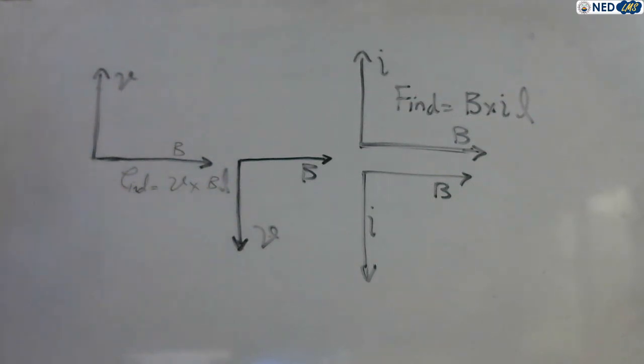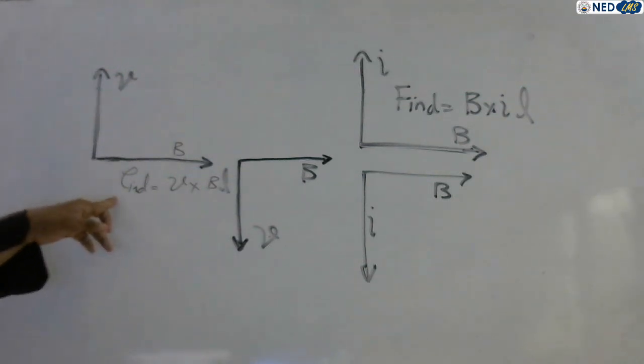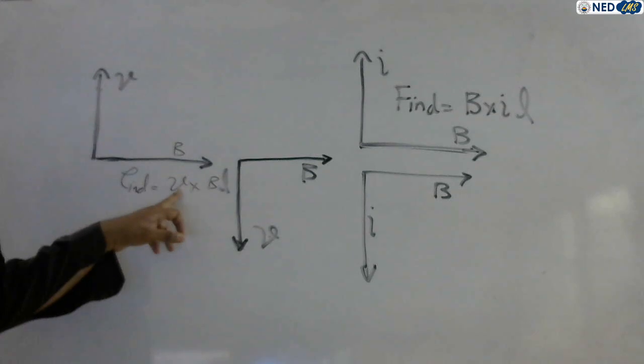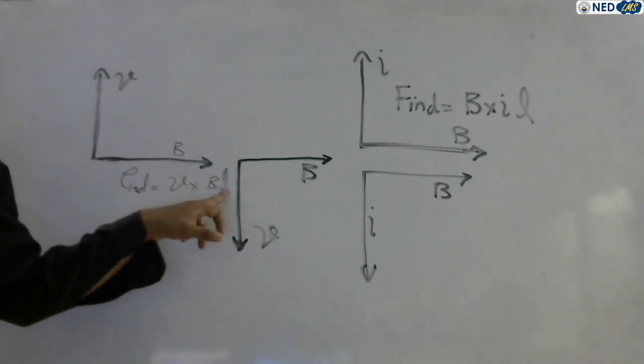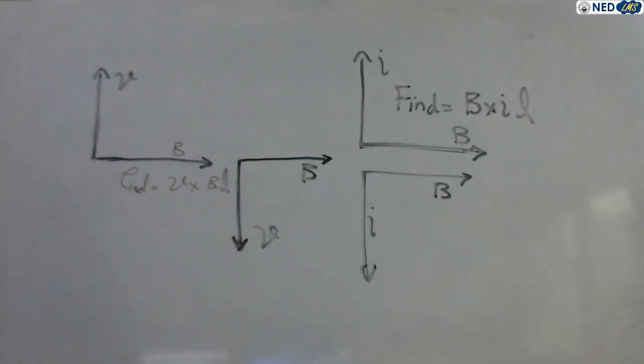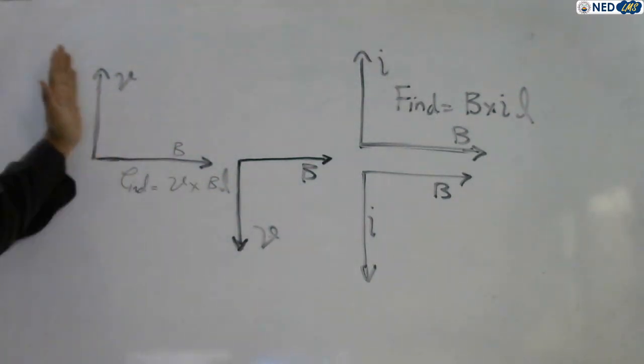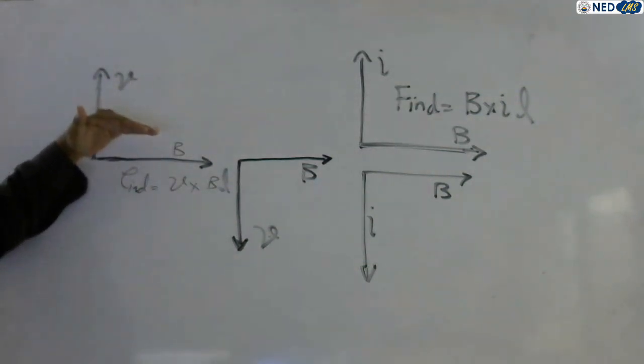Bismillahirrahmanirrahim. Another way to find the direction of voltage induced in a generator: we know that induced voltage is (v × B) · L. Velocity, magnetic field, and L means length of conductor. So actually, it's a cross product of velocity and magnetic field. So the first vector, that is velocity, rotates towards the second vector.